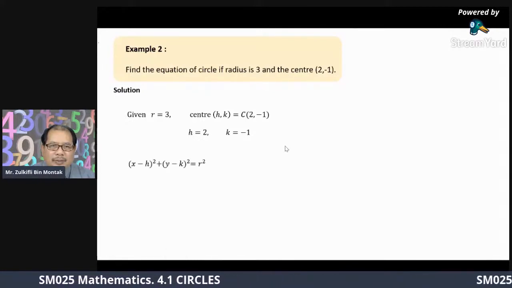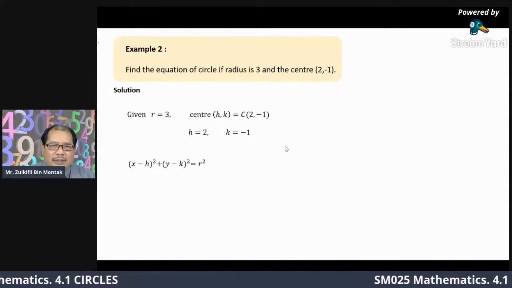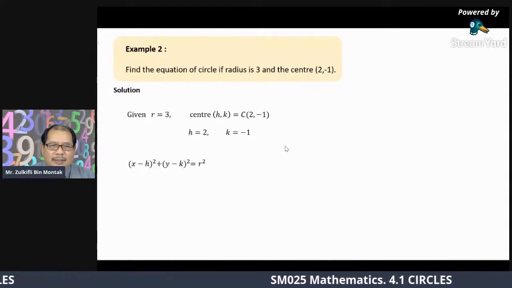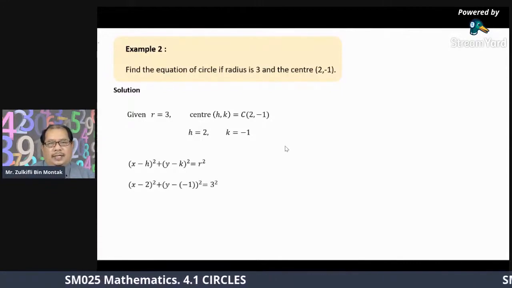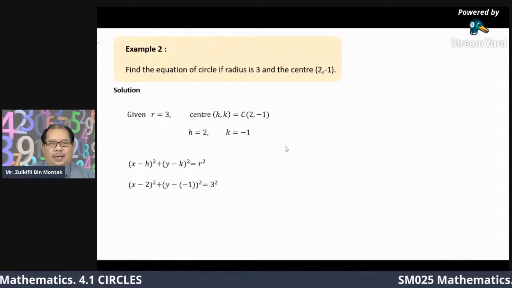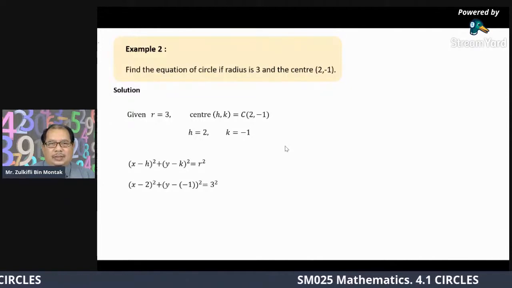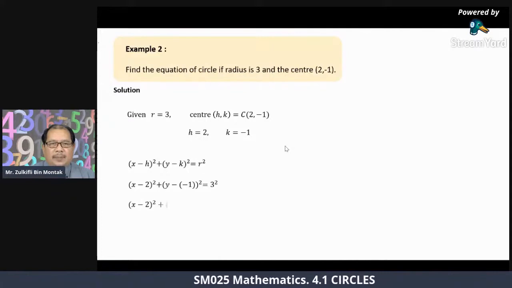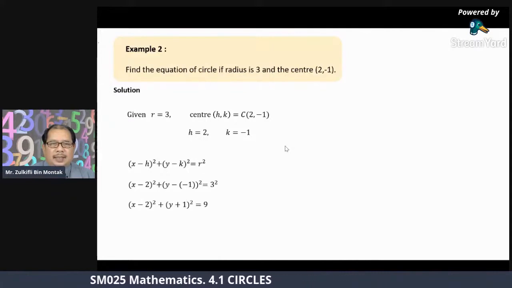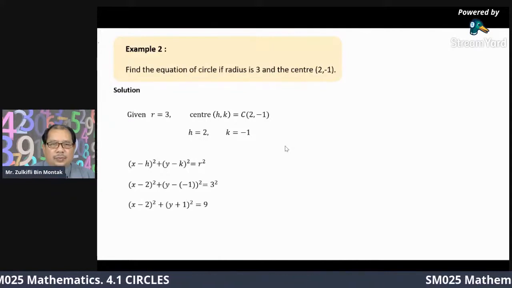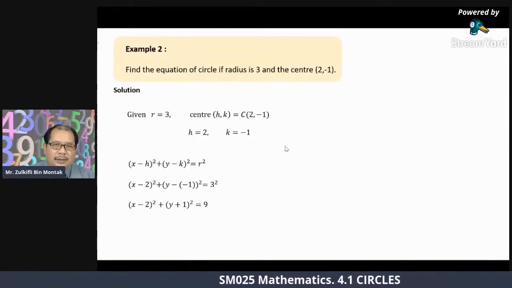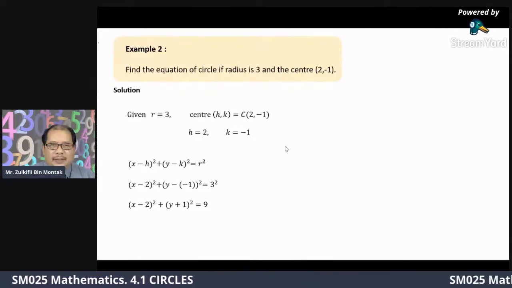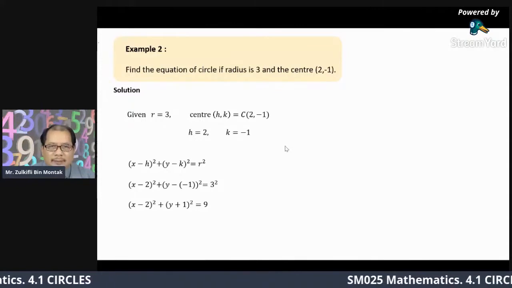Now we substitute in the standard form: x minus 2 square plus y minus negative 1 square equal to 3 square. Now we get the answer x minus 2 square plus y plus 1 square equal to 9. This is the standard equation for the circle with the radius 3 and the center (2, negative 1).